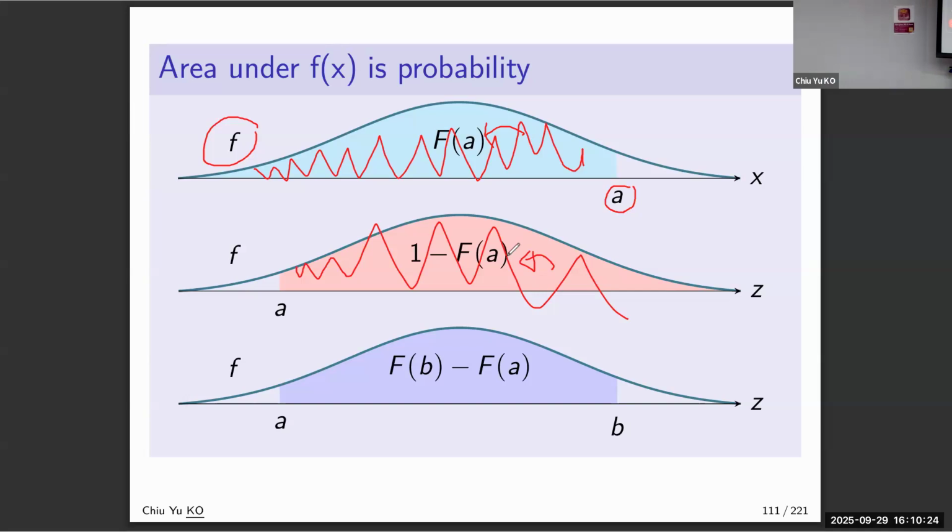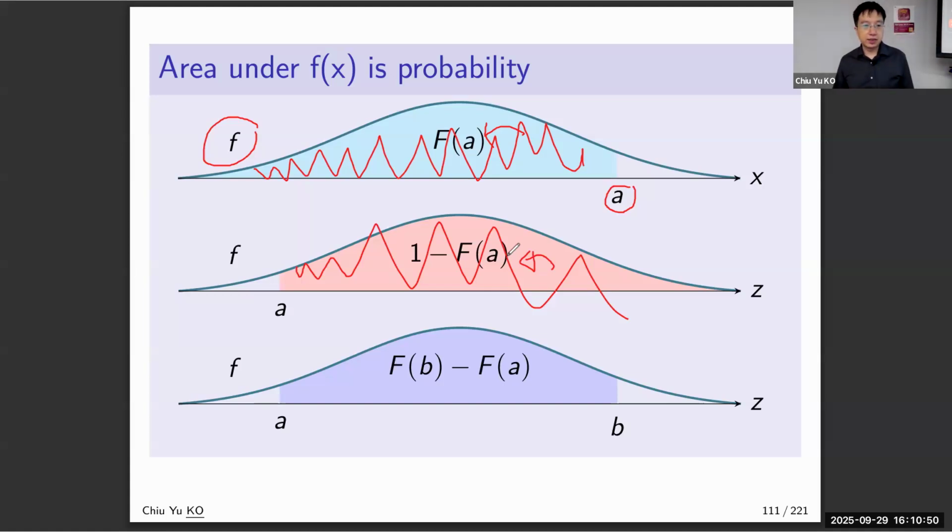Because the probability of the sample space is 1. That's axiom 2. So it must be 1. And if you want the area between a and b, it will be just Fb minus Fa. And in particular, the probability of a particular value is 0, so it doesn't really matter.